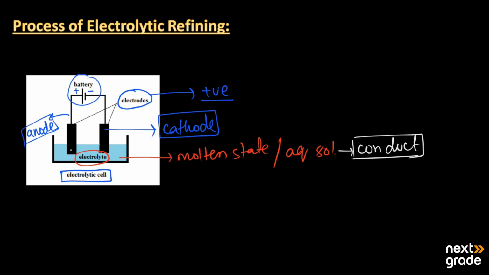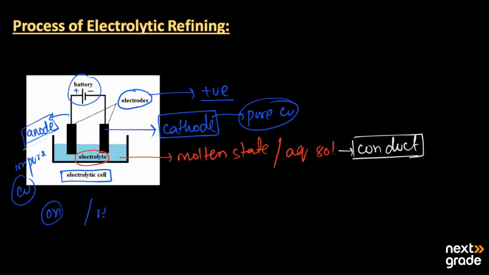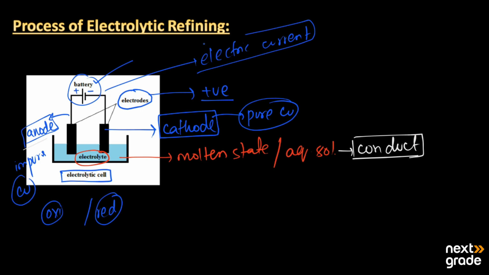When we insert these two electrodes, the anode electrode is made up of impure copper, and the cathode electrode is made of pure copper. Now the processes of oxidation and reduction take place when both ends are attached to the battery and we allow the electric current to pass, as a result of which the electrolysis starts.